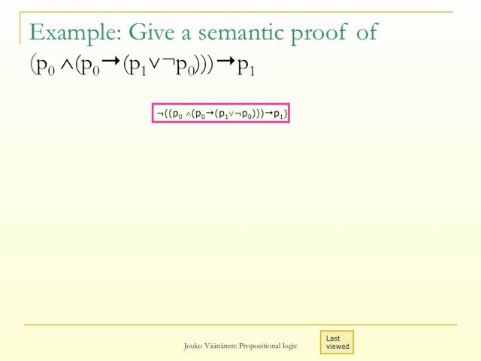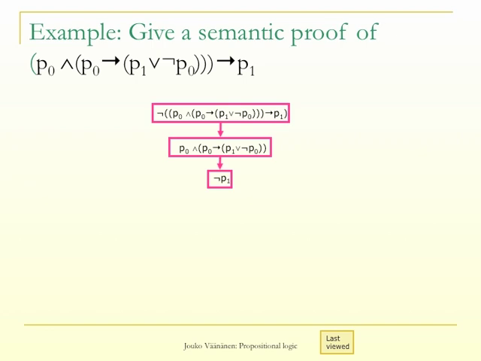So we have a formula which starts with negation, then comes ¬((P0 ∧ (P0 → (P1 ∨ ¬P0))) → P1). This is the negation of an implication. So we use the implication rule, we write the hypothesis and the negation of the conclusion.